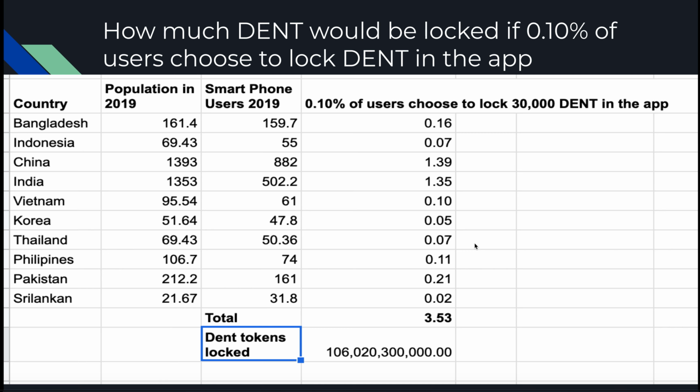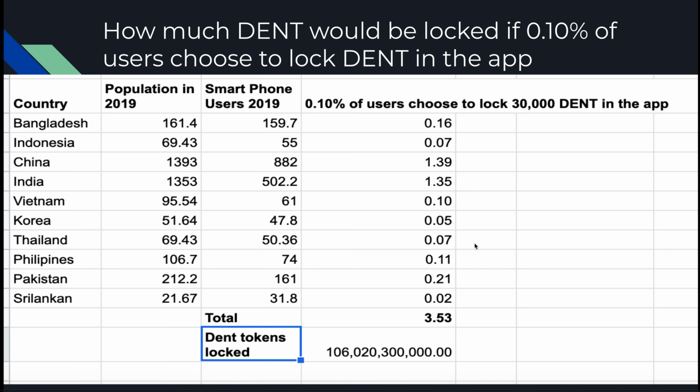Now you can see how the demand is coming. If this has to happen just from these 10 countries, we are going to see roughly a 5 times increase in the DENT app user wallet size.